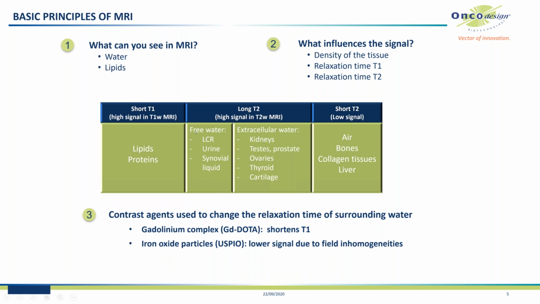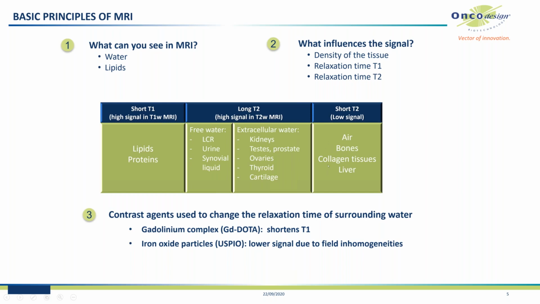So, for example, lipids or proteins have a short T1, while free water has a long T2, and air, bones, collagen tissue or liver have a poor signal in MRI because they don't have a lot of free water.